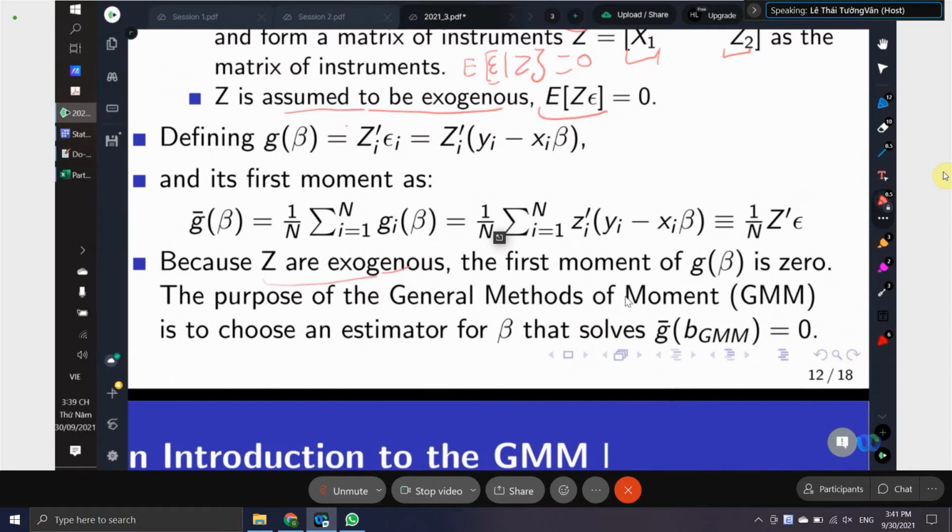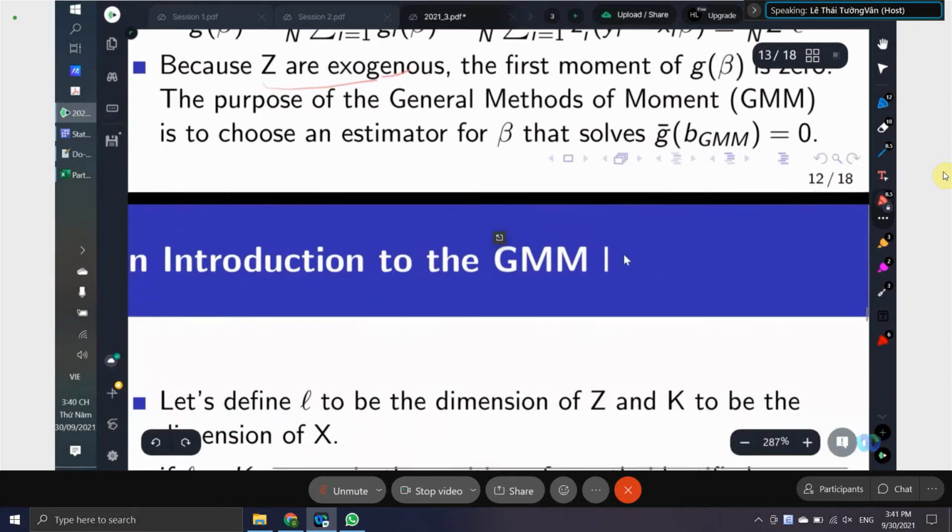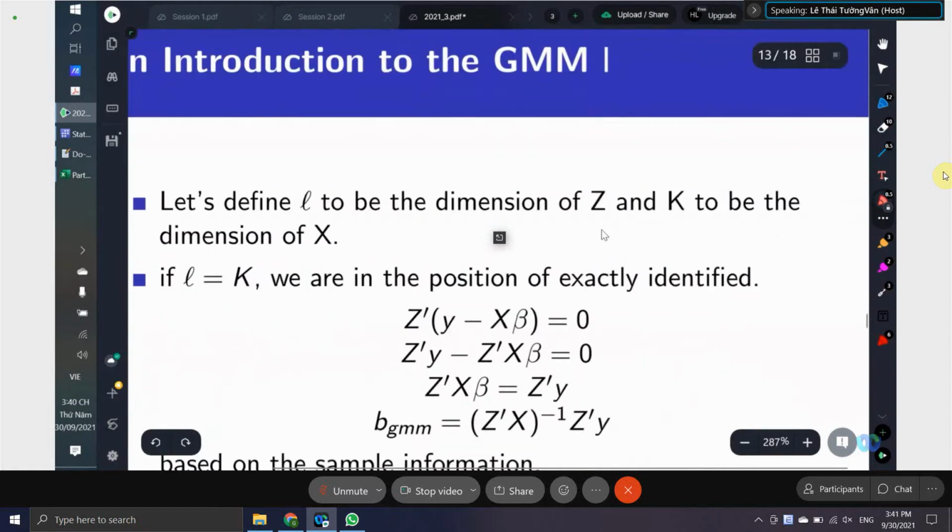So we use the sample to estimate the sample mean and impose a condition that the sample mean is equal to the population mean. And then with that, we can estimate the coefficients. Now let me be more specific.